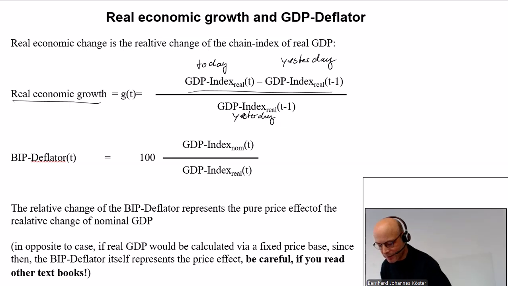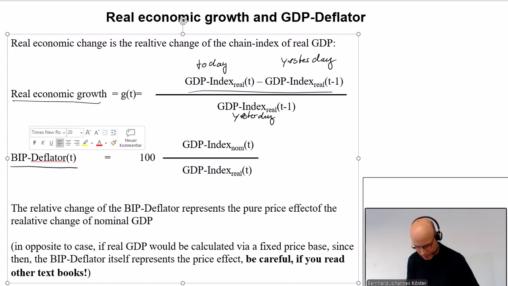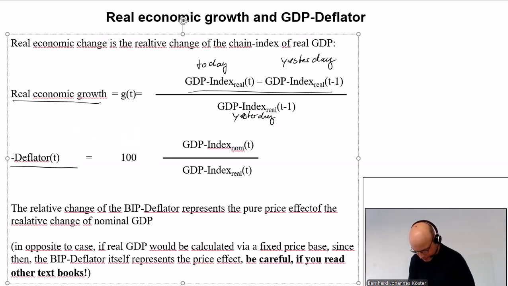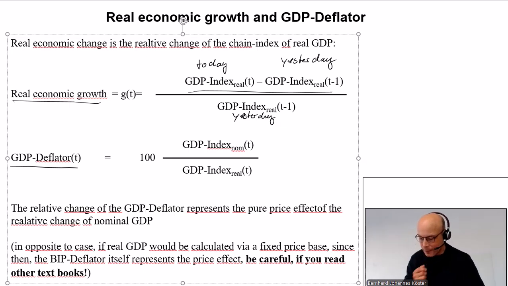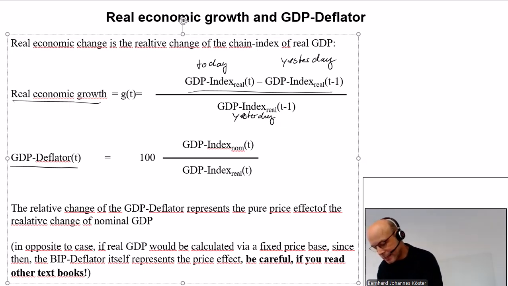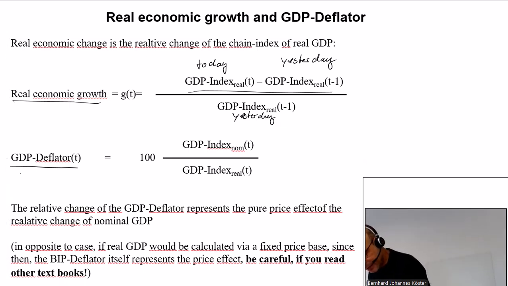And for this, we calculate the price level of the whole economy, and this is called the GDP deflator, and this we can interpret as the price level of the whole economy.